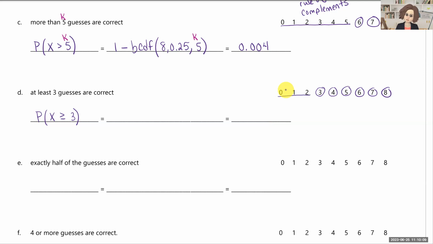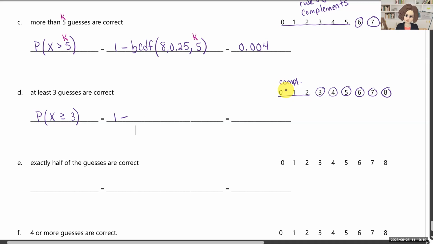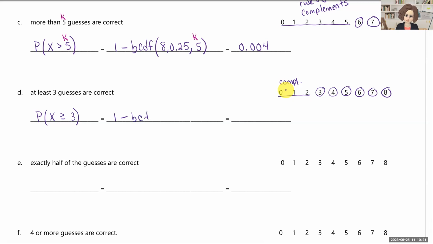So there's our complement. So we do 1 minus our complement, can be found using Binomcdf, 8, .25, and our complement ends at 2.